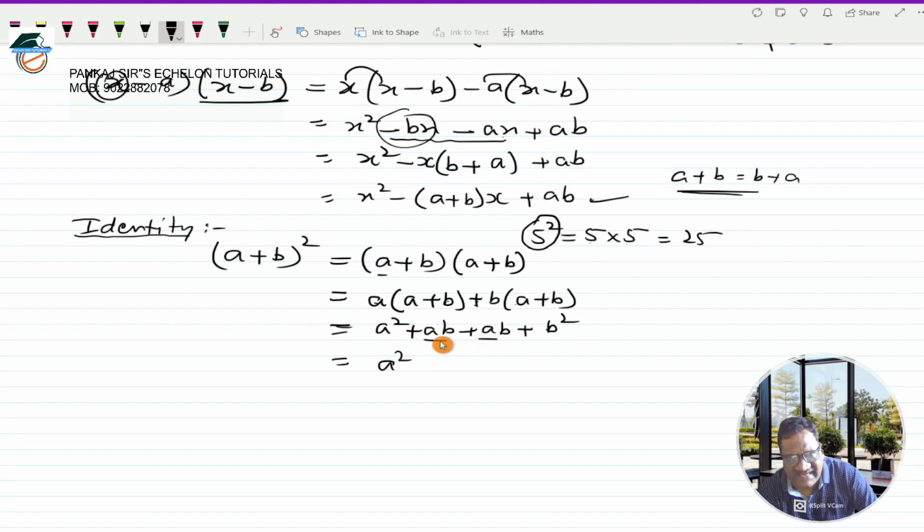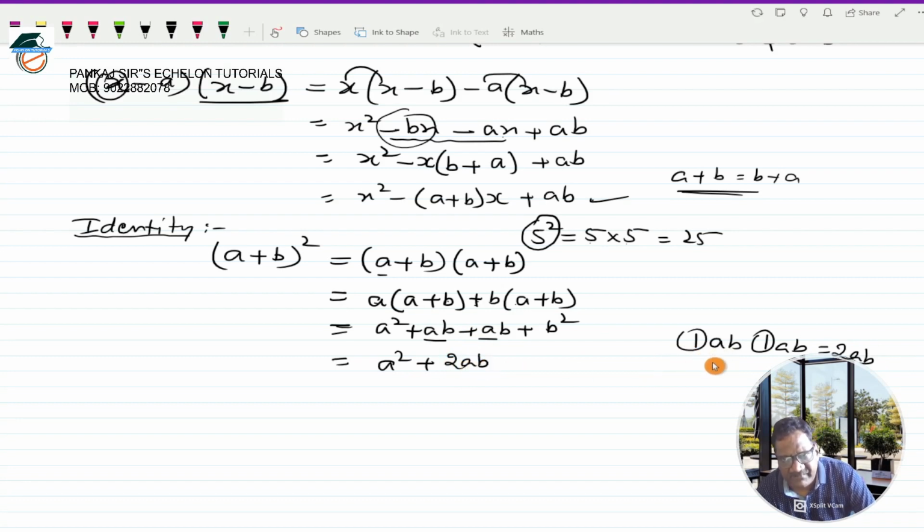These are known as like terms. AB and AB both are like terms, and these are the coefficients of the like term, this 1 and 1. See, there is nothing written in front of AB, means you have to assume it to be 1. So 1AB plus 1AB will be 2AB.